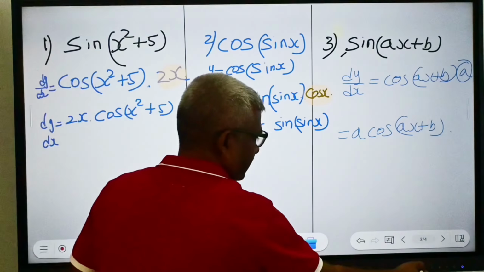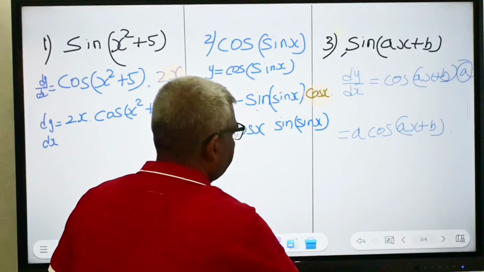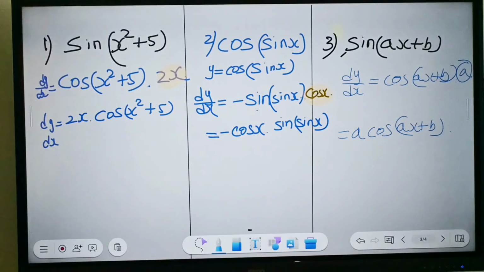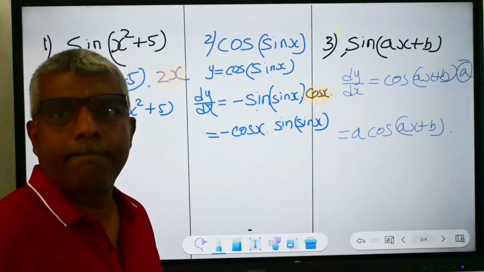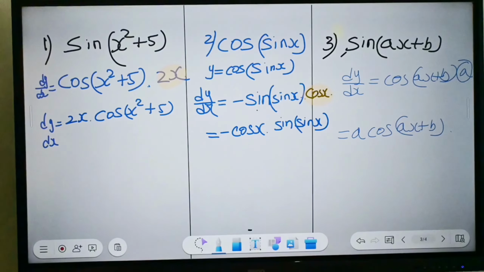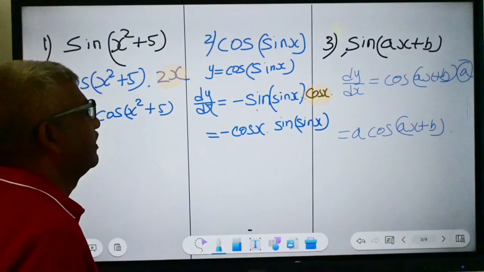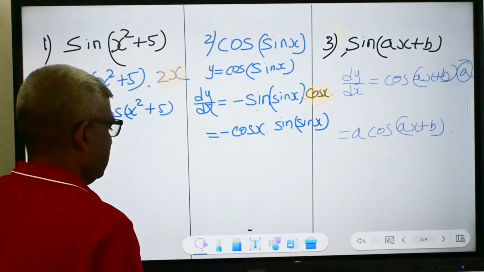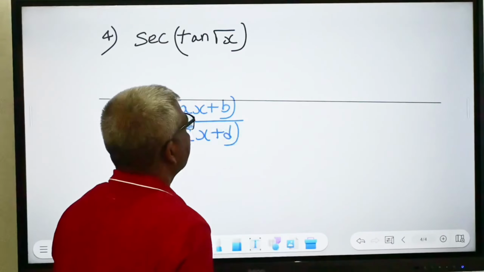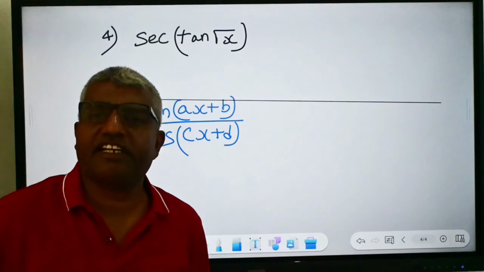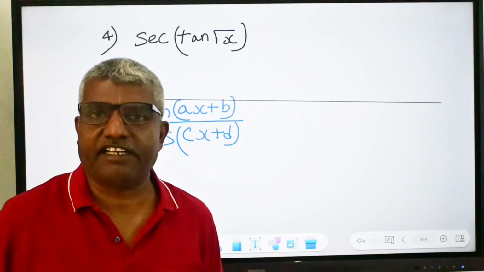Okay. Next, copy down questions 1 to 3. Okay. Question 4. Secant x, what is the differentiation? Secant x tan x.